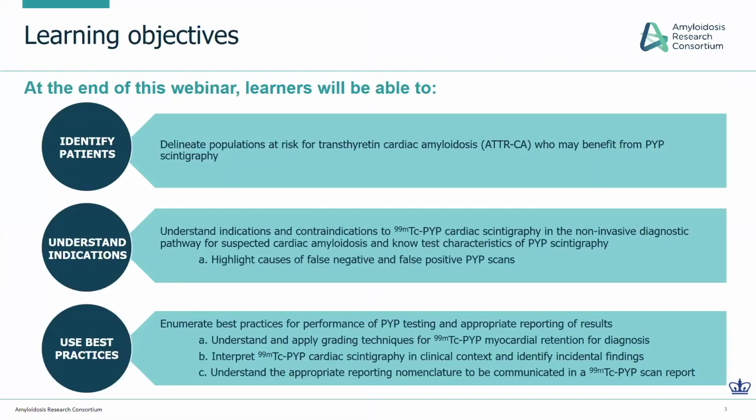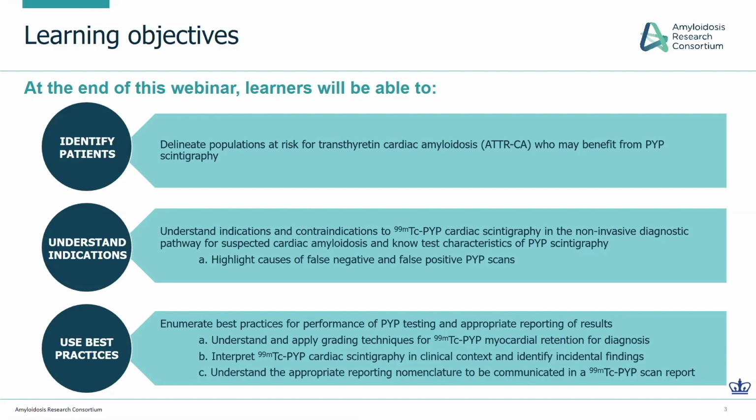So today, at the end of this webinar, we hope you'll be able to identify patients with transthyretin cardiac amyloidosis who may benefit from PYP scintigraphy, understand the indications and contraindications to technetium pyrophosphate cardiac scintigraphy performed in the US, and the non-invasive pathway for evaluating patients with suspected transthyretin cardiac amyloidosis, and in particular to be able to highlight causes of a false negative and false positive PYP scan.